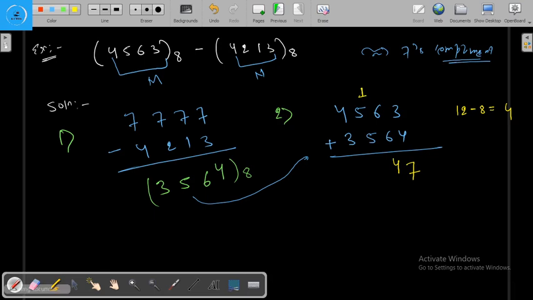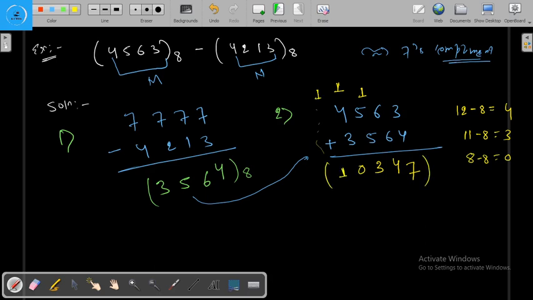Then 5 plus 5 is 10 and 1 is 11, we are going to write 3 here and pass 1 here. Then 4 plus 3 is 7, and 7 plus 1 is 8. We cannot write 8 here. 8 minus 8 will be equal to 0, and we pass carry here.